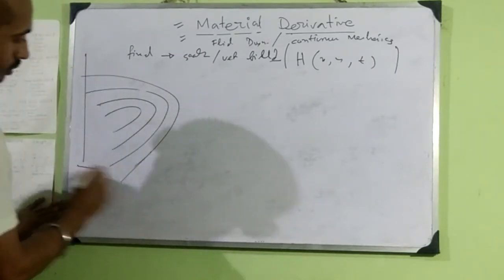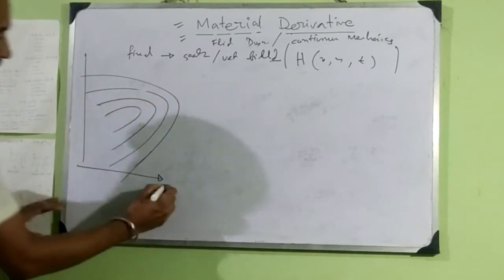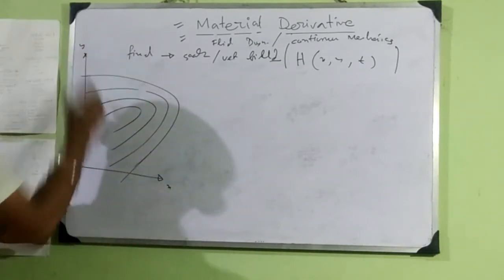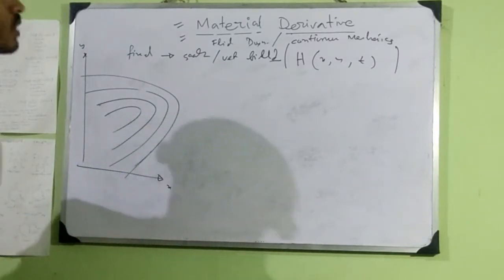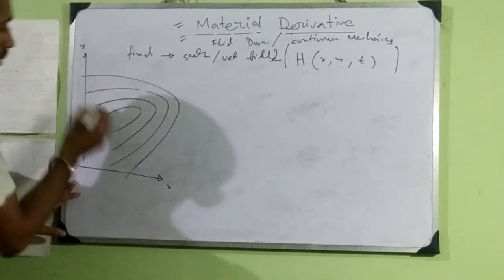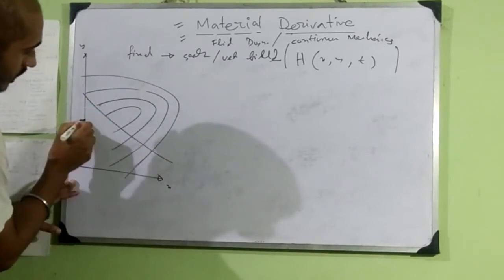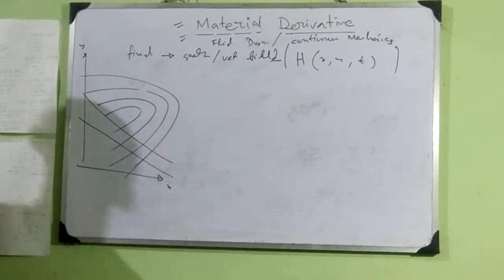Through the region that is xy, we take 2D only. So now you are passing through this path, the region.